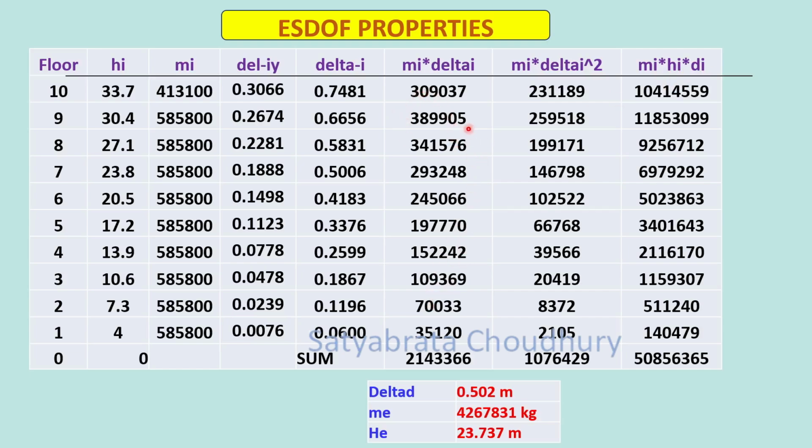Then you find out the summation of this column, and this column, and from the formula available, this divided by this is the delta d. So delta d is 0.502 meter. Me equals this divided by delta d, so it is 4267831 kg, and He, effective height, equals this summation divided by this first summation.